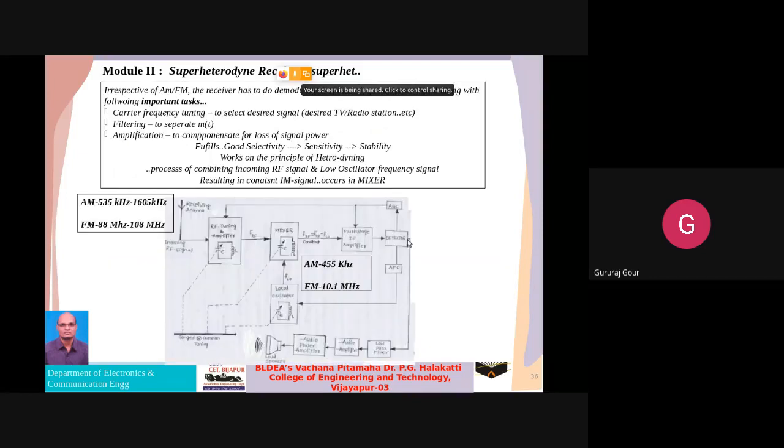Then we will have the envelope detector with proper automatic gain control. Then we will have the audio amplifier. The message signal is amplified, and we are going to listen.